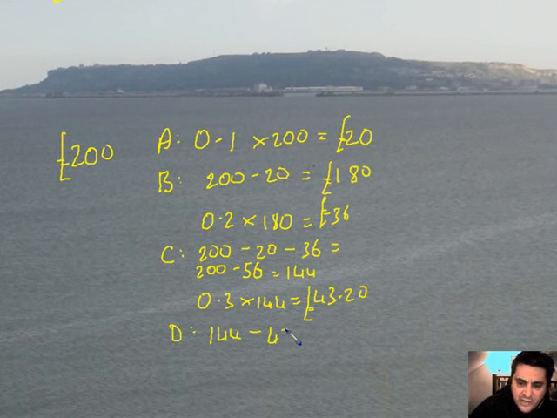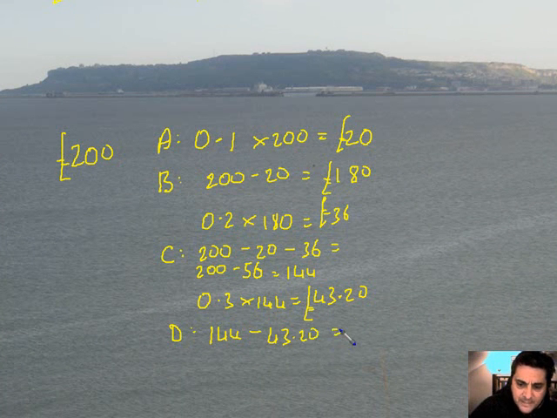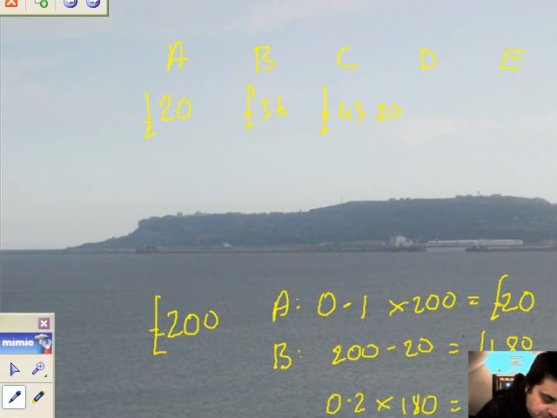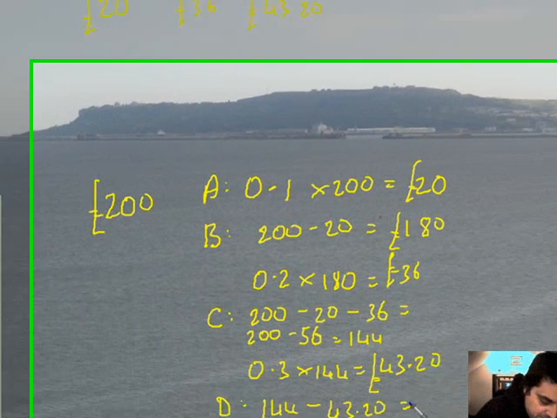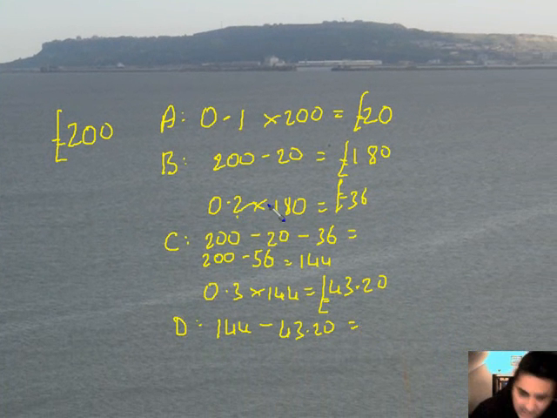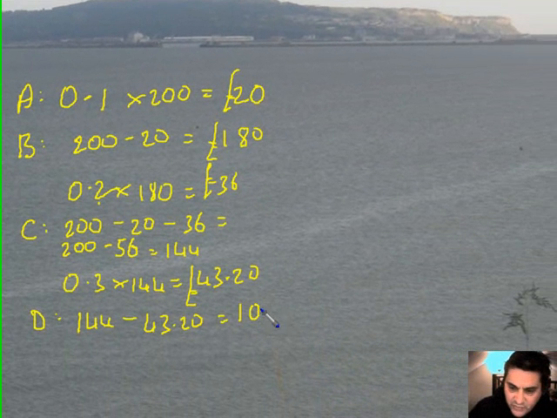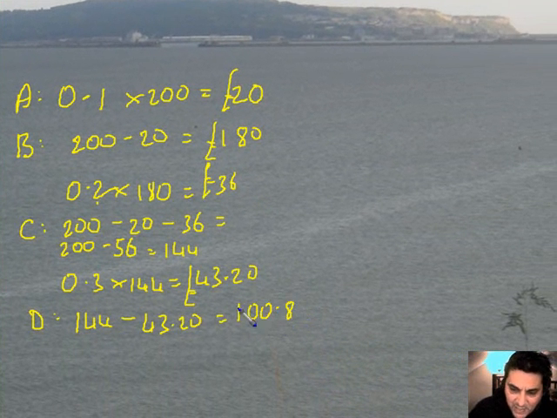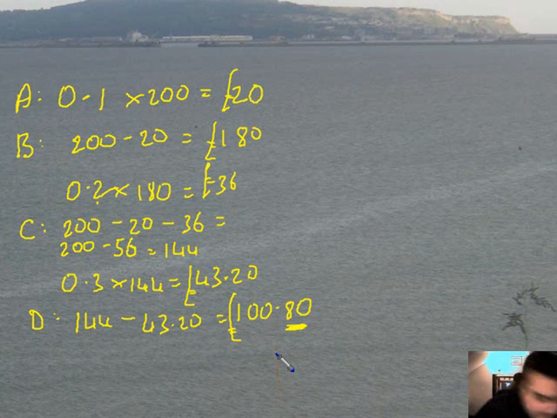Now she takes away her share of £43.20. Let's work out what's left over: £144 take away £43.20 gives £100.8. Now please note, in terms of the quality of your written communication, you've got to put a 0 there because we are talking money. Examiners will hate you if you don't do that.